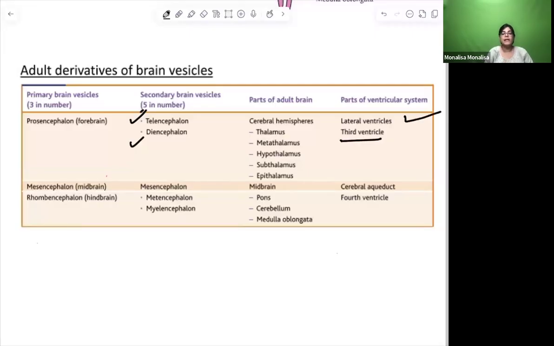The cavity of the cerebral hemisphere is the lateral ventricle. Mesencephalon will form the midbrain, and the cavity of the midbrain is the cerebral aqueduct. Rhombencephalon will form metencephalon and myelencephalon, that will form pons, medulla, cerebellum. And the cavity lying between the cerebellum posteriorly and the medulla and pons anteriorly is the fourth ventricle. Okay.